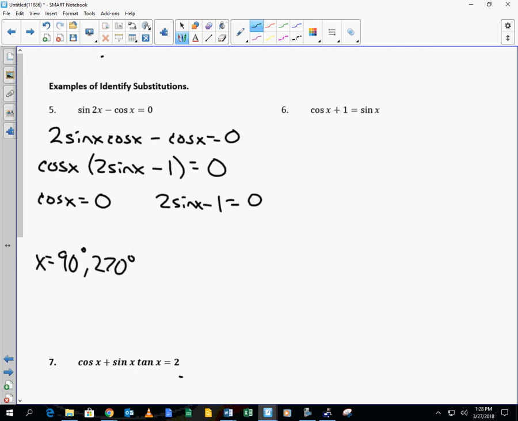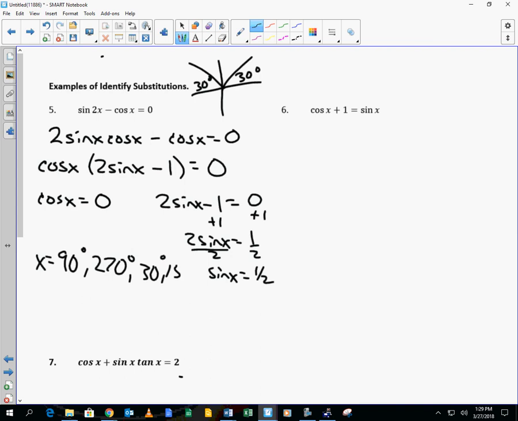Add 1. Where's sine positive? 1 and 2, sine inverse 1/2, and I get 30. Grace has that one memorized. Good job, kiddo. So I'm going to put down 30 and 150. Sweet.